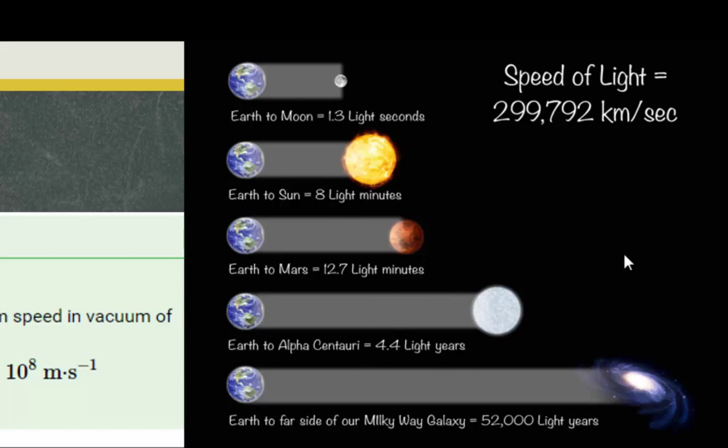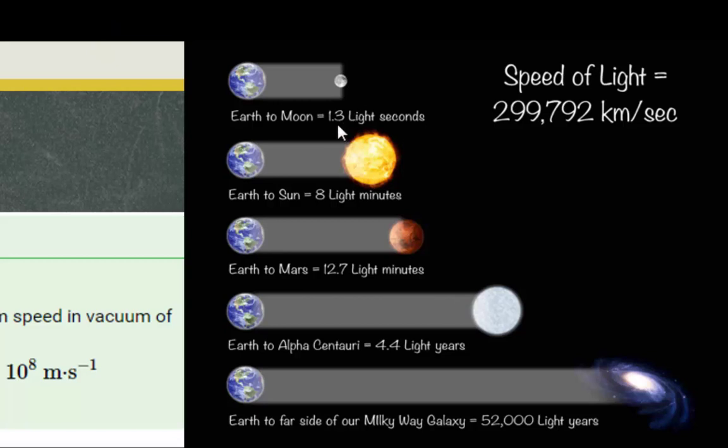So when we're dealing with this, we're working with the speed of light as 299,792 kilometers per second. That would mean that the distance between the Earth and the Moon is 1.3 light seconds. It means that light takes 1.3 seconds to travel from the Earth to the Moon.